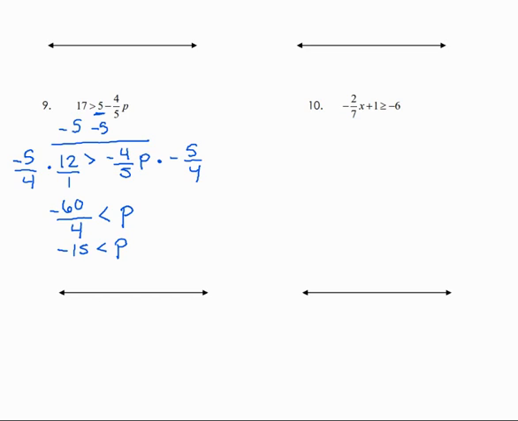Should I circle my answer right now? Yes or no? No, put P on the other side. Very good. Okay, so I'm going to rewrite this so that P comes first. It was P and then the negative 15. And now we can make our number line.